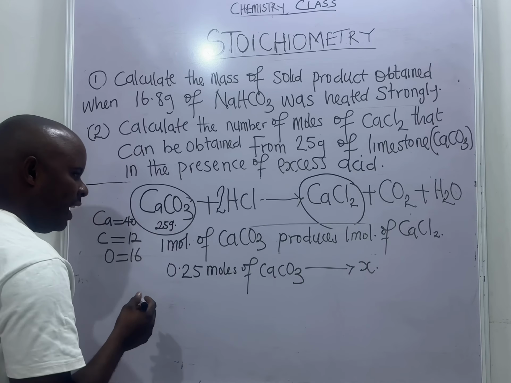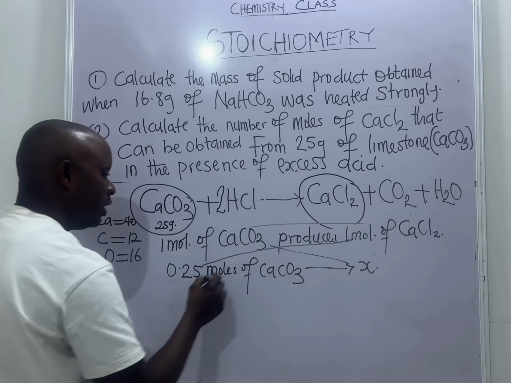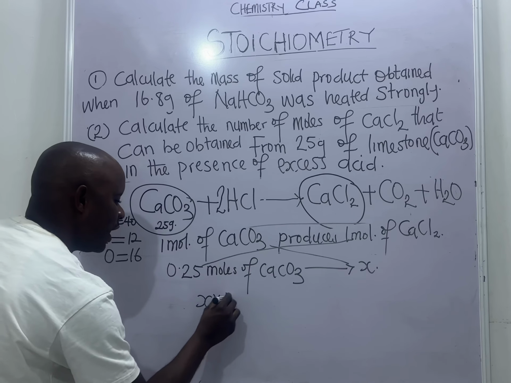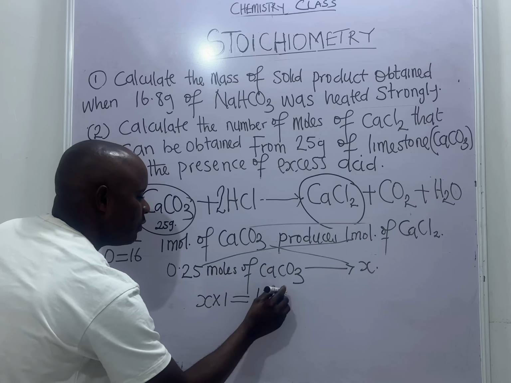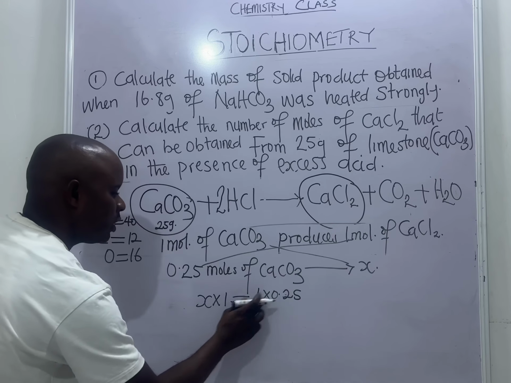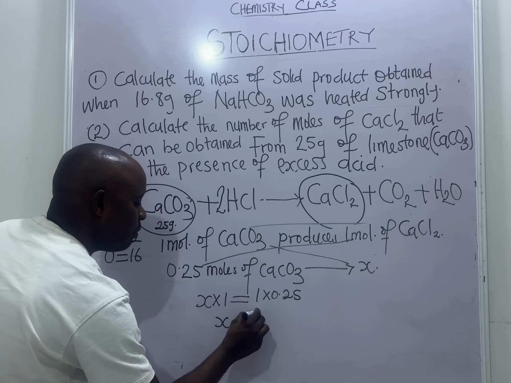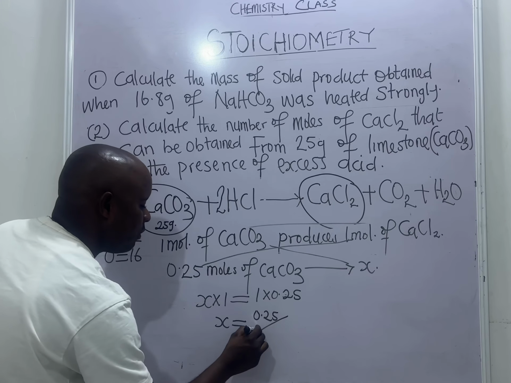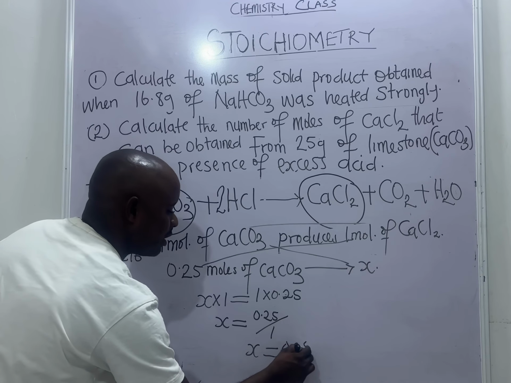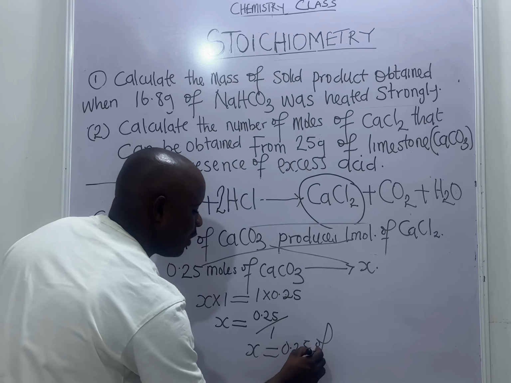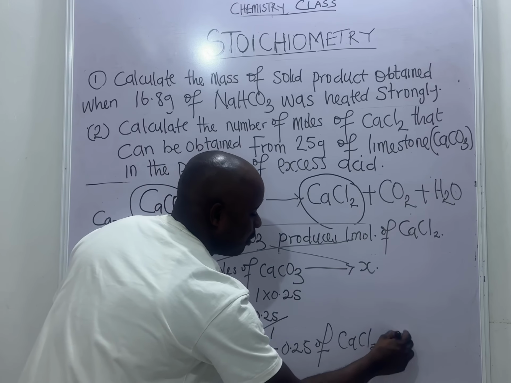So let's make it linear as we did in the other question. S times 1 is equal to 1 times 0.25. So S is 0.25 over 1, which is 0.25. So 0.25 moles of calcium chloride is produced.